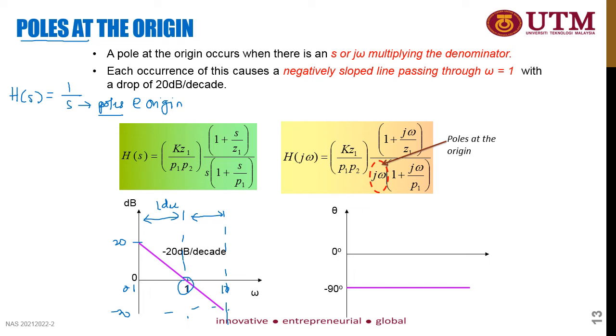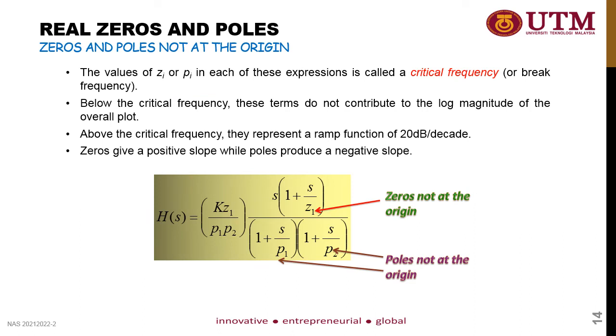This is the poles at origin frequency response. While the phase for poles at origin is always a constant negative 90 degrees, for zeros at origin it is a constant positive 90 degrees. Okay, next, move on to the next component on top. When you have s inside the bracket, it is zeros not at origin.